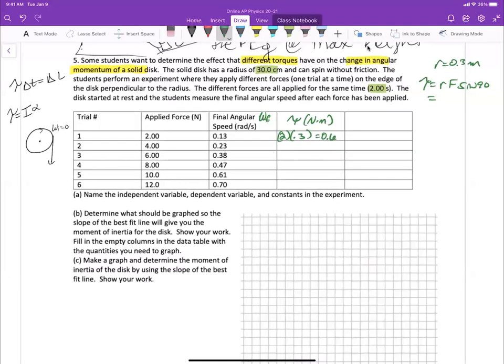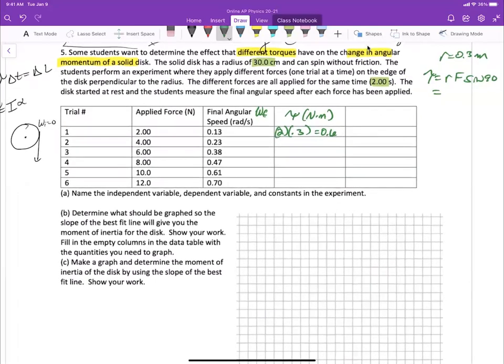Before I figure out what else I need, let's see, what are they doing, essentially? Name the independent variable and the dependent variable. They're finding the angular speed. The independent variable is what we're changing, which is the torque, essentially the force.